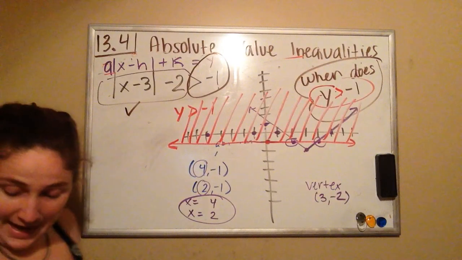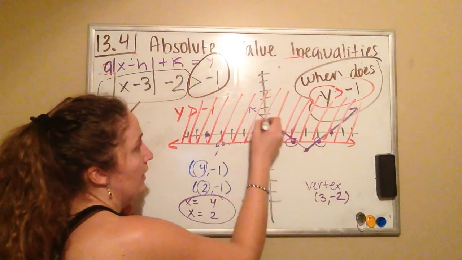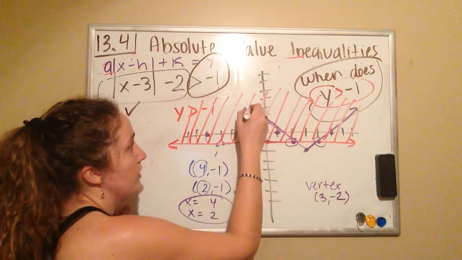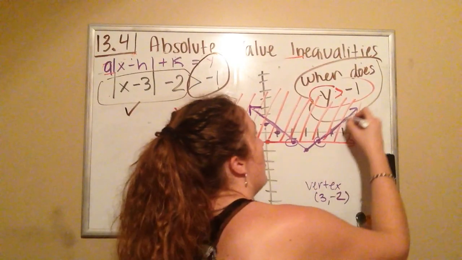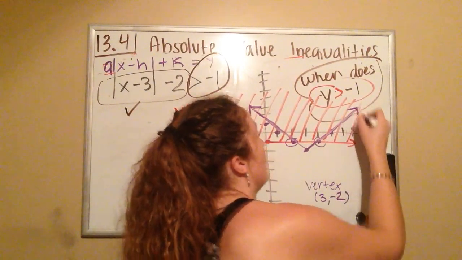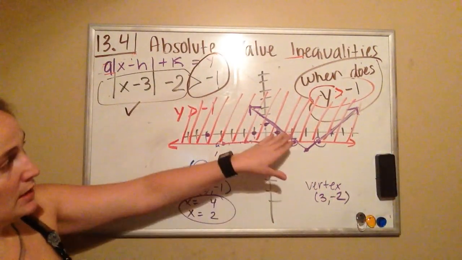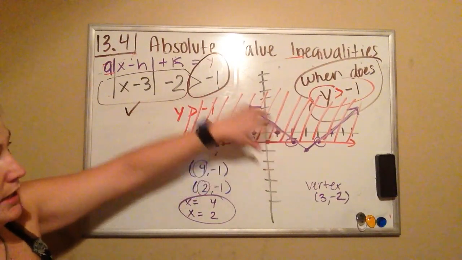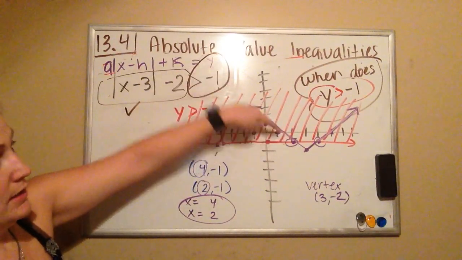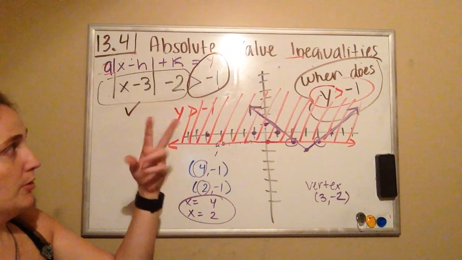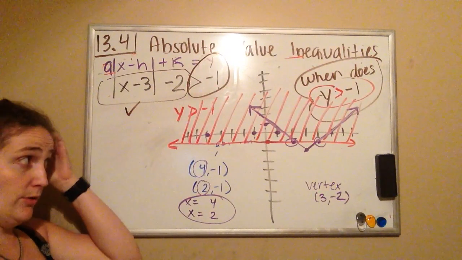So anything on this line, in this interval, those are all solutions because it's in part of the shaded region. So it's a red because it's shaded, and it's a purple because that's part of the purple line. So it has the double colors. It's true for both situations.